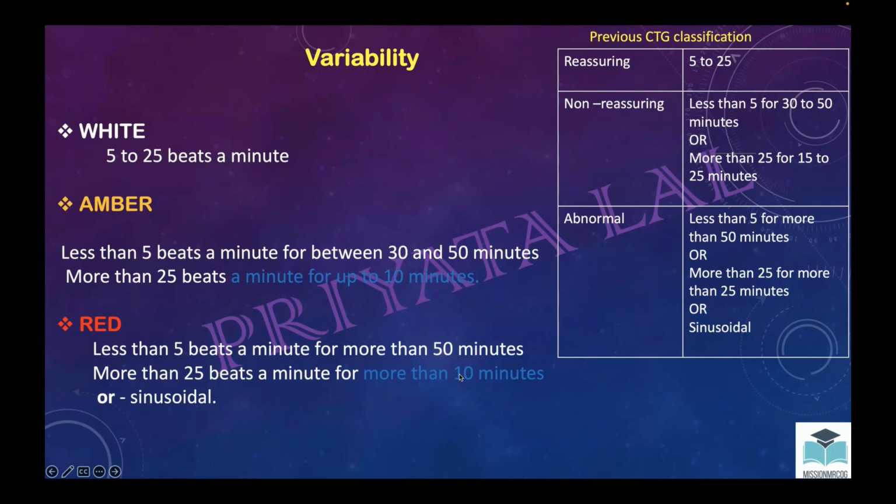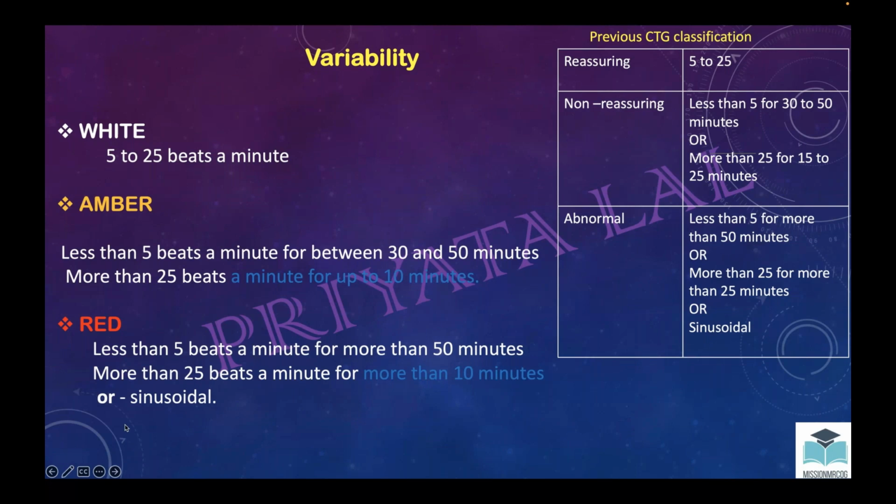So these are the changes in the two columns of the variability. I have put them in a blue color for your better understanding. Or sinusoidal, that will also come in the red zone. So this is the color coding for variability. Any question in the variability part? No question. Very good.